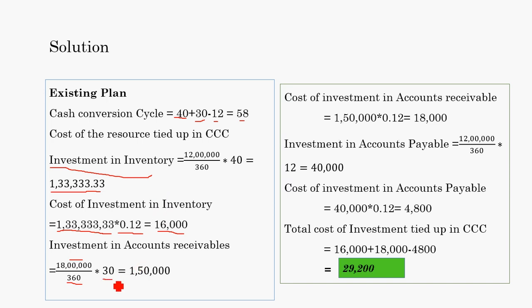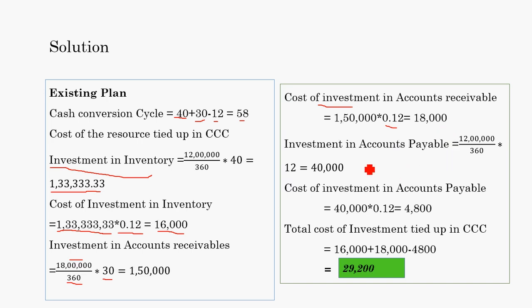So 1 day sale value into 30 will give me 1,50,000 rupees, which is the amount being held up in accounts receivable. Again, like what we did for inventory, we calculate the cost of investment in accounts receivable. We take 1,50,000 and multiply that with the cost, which will give you 18,000 rupees.